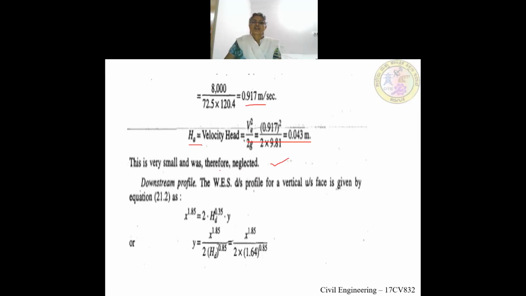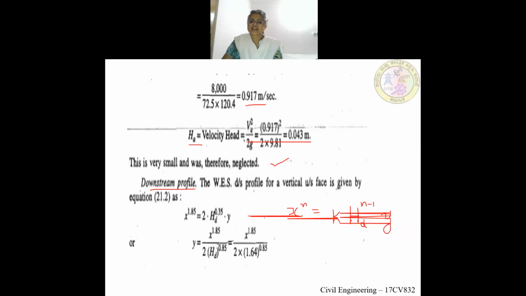And now we have the downstream profile formula. We discussed this in the previous class: x to the power of n is equal to k into HD to the power of n minus 1 into y.